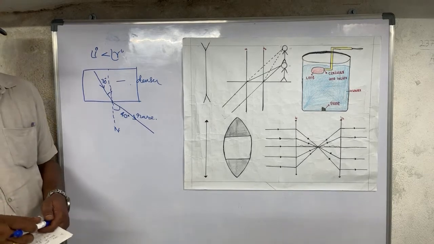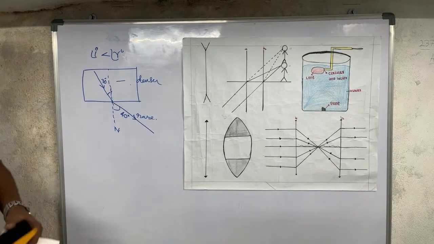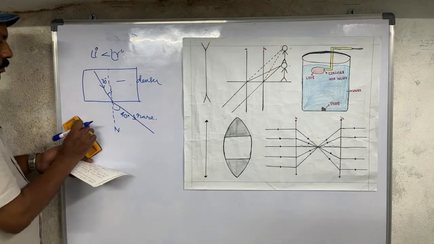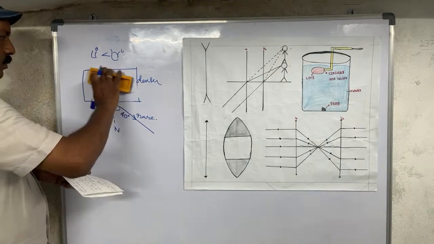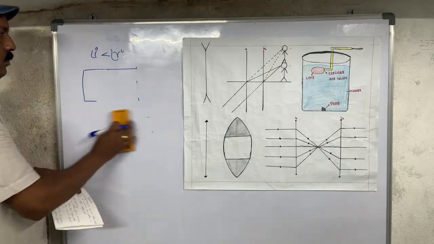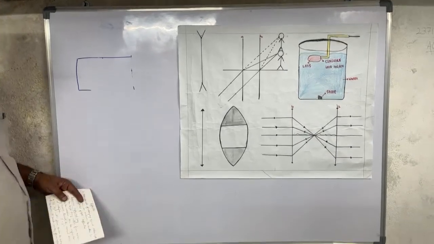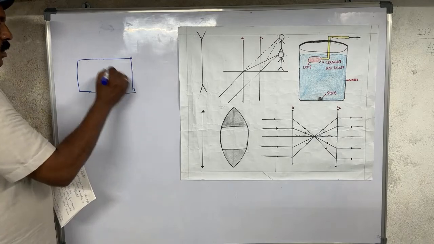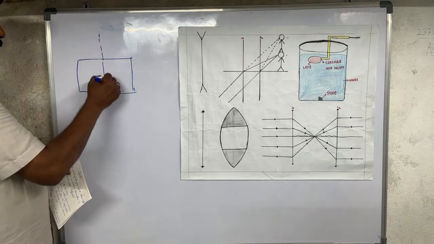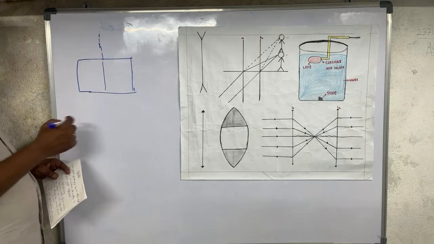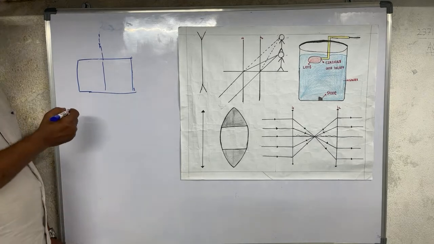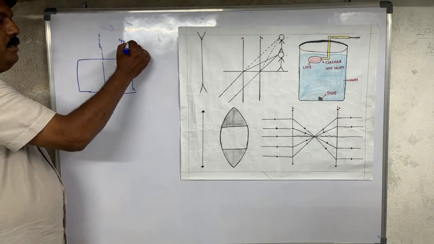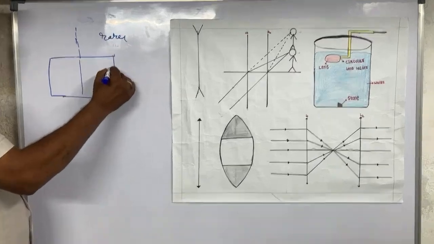Now, one more behavior. The normal is here. Now what I am doing here: this is the rarer medium, air, and this is the denser medium.